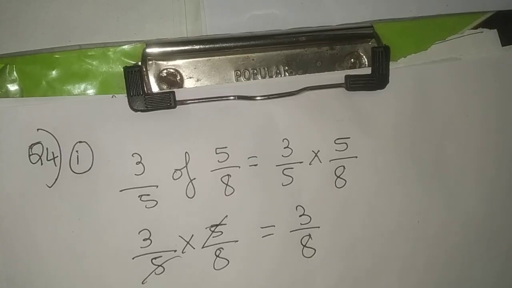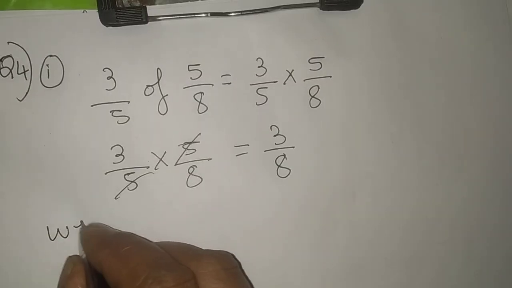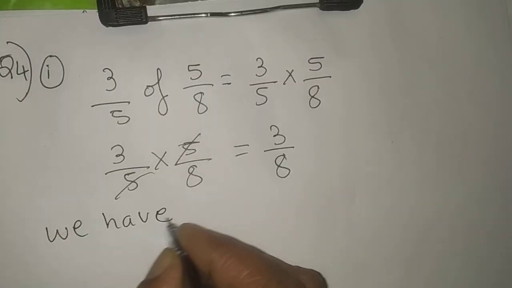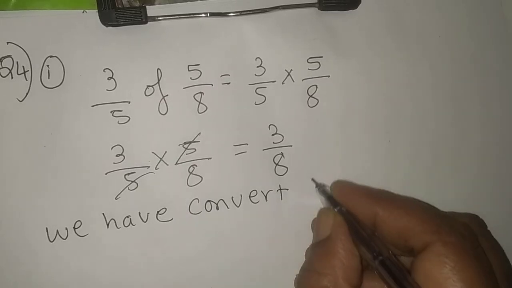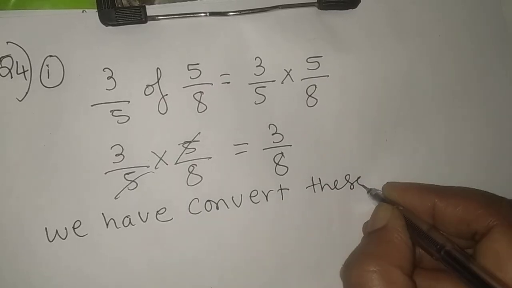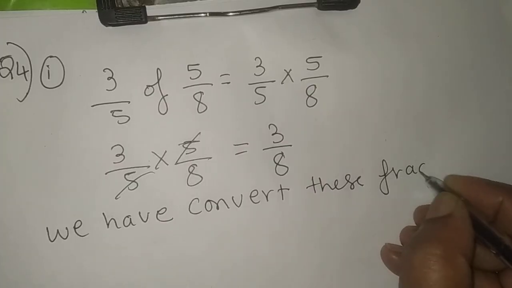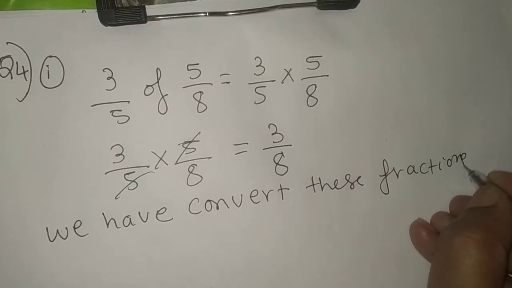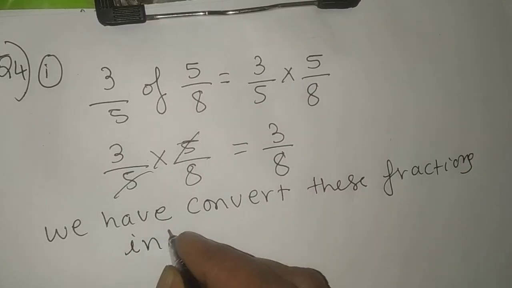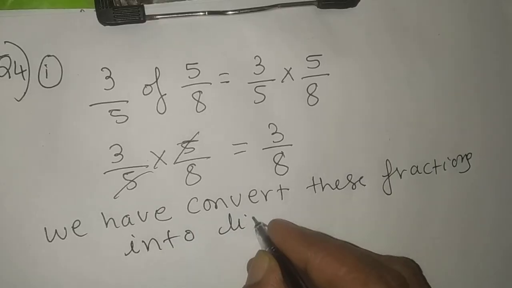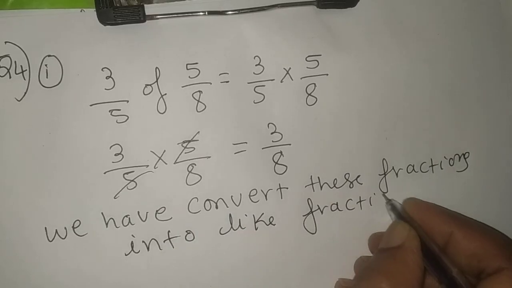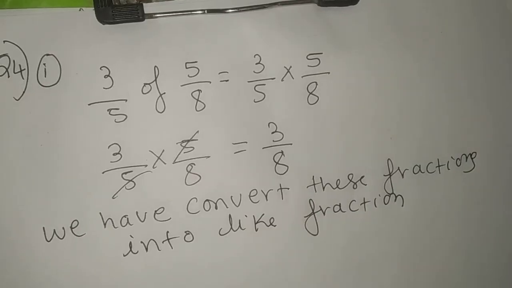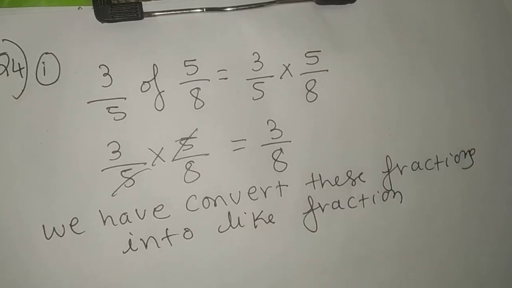So now we have to convert these fractions into like fractions. Like fractions means the denominators of both should be the same.